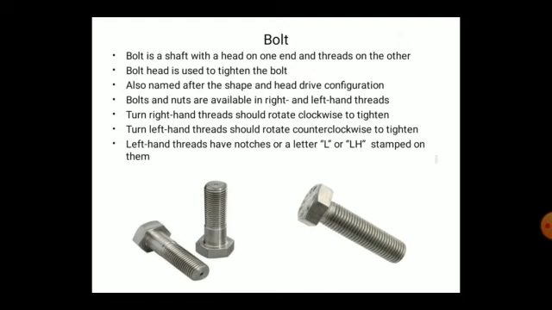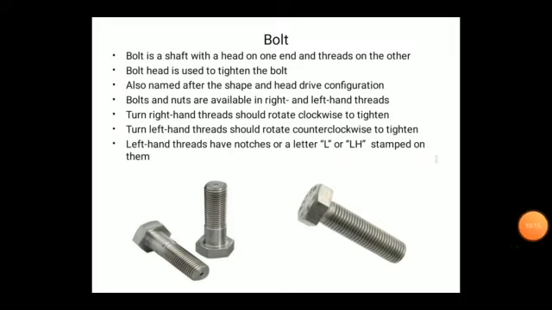And if you want to tighten a left handed threaded bolt, you have to move the bolt anti-clockwise for tightening, and for loosening the opposite motions are required. So this is all about the basics of bolts.